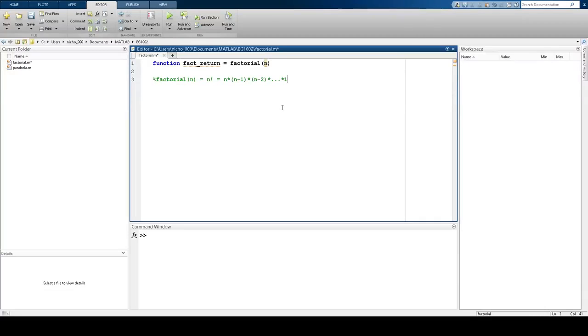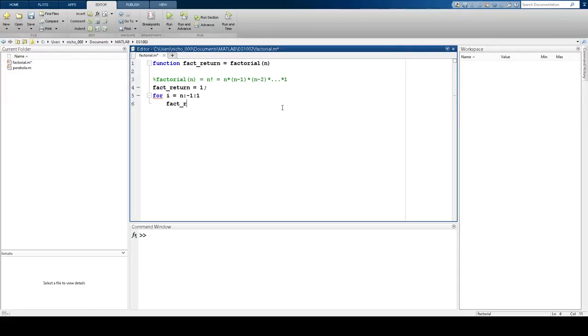Now what we can do is do this inside of a for loop. So fact return is equal to 1, and for i is equal to n to 1, n minus 1 to 1, so we take steps of minus 1.